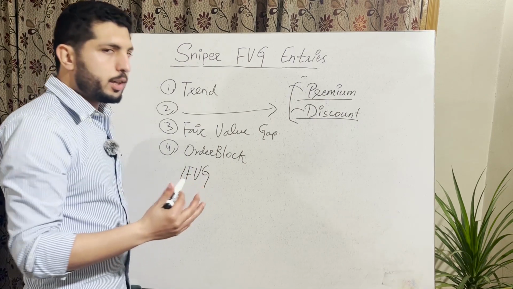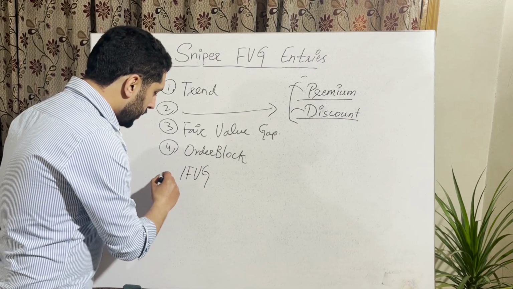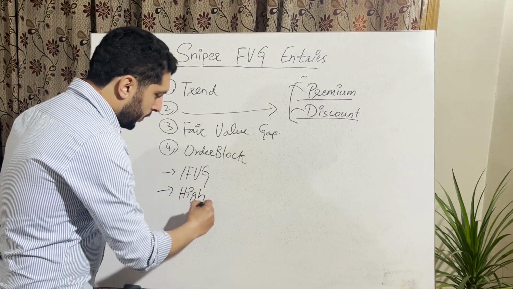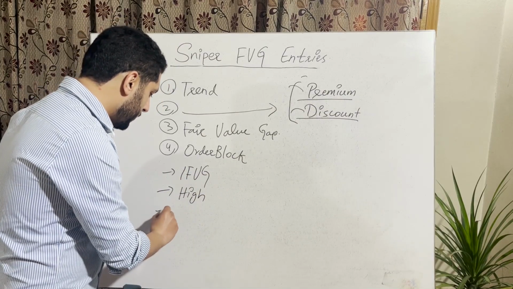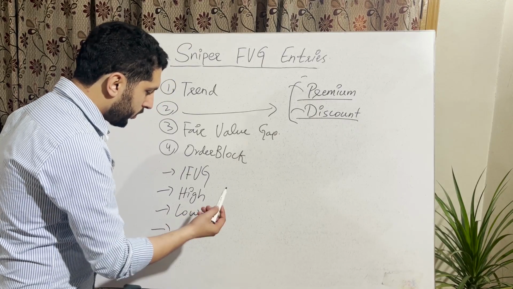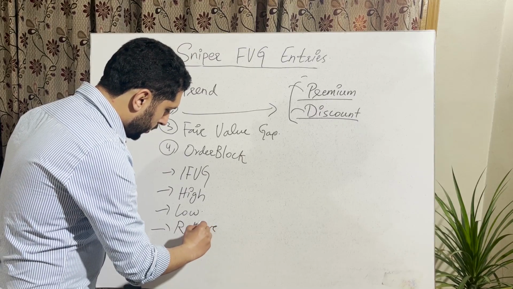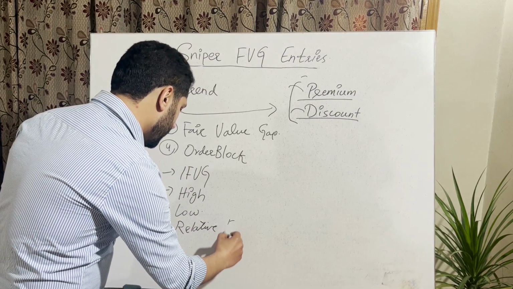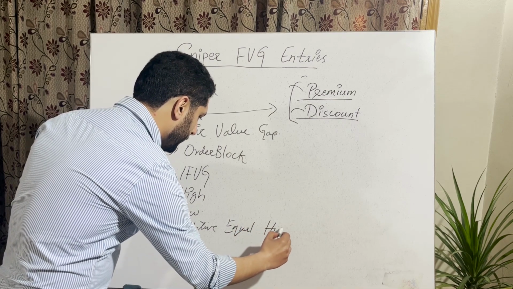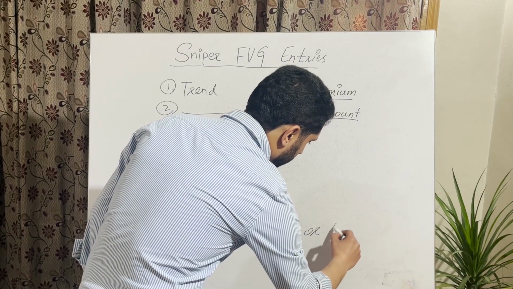If we look closely, there must be an IFVG behind the fair value gap, or there should be a high behind the fair value gap, low behind the fair value gap, or you could say relative equal highs, or relative equal lows.